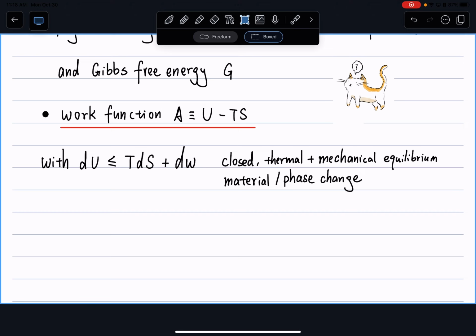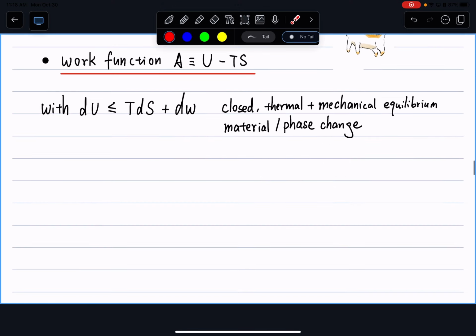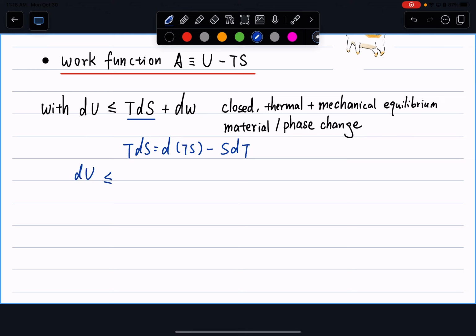Now, from here, when we're rewriting these terms, let's use this one again. So we have TdS equals d(TS) minus SdT. And our dU is smaller than or equal to d(TS) minus SdT plus dW.